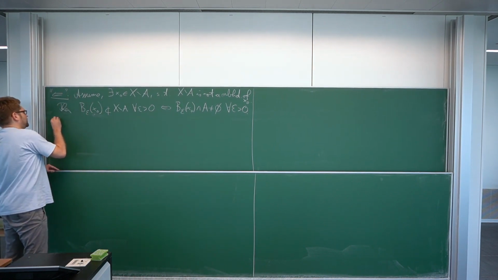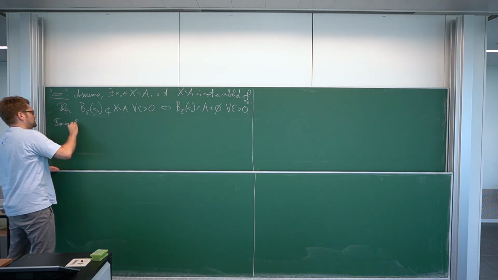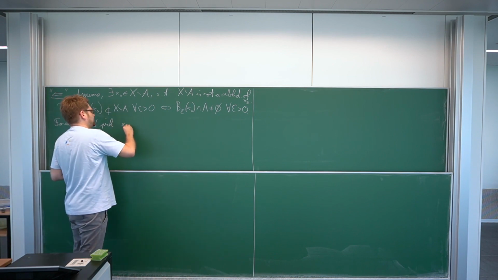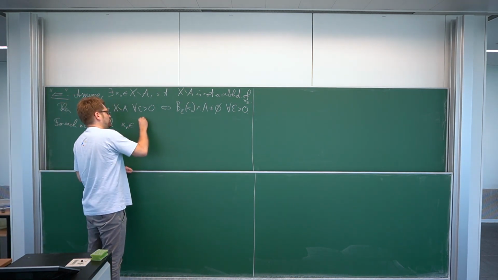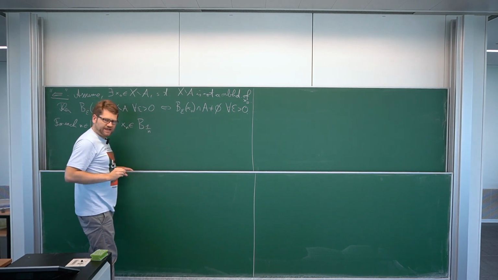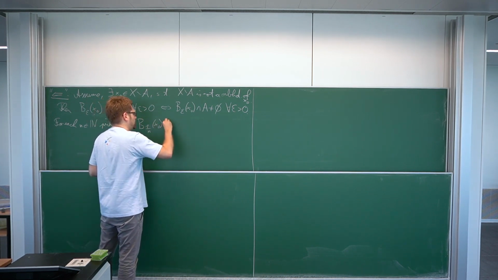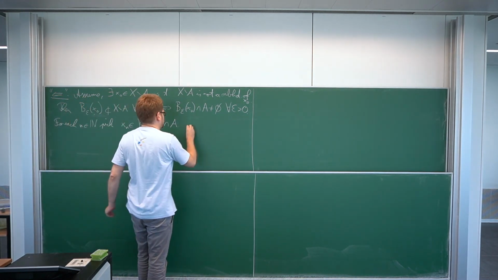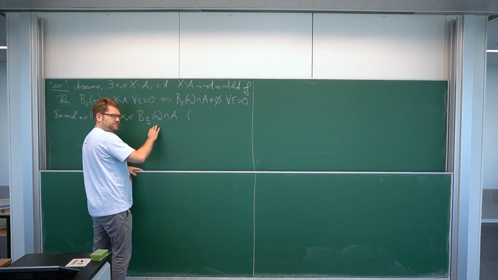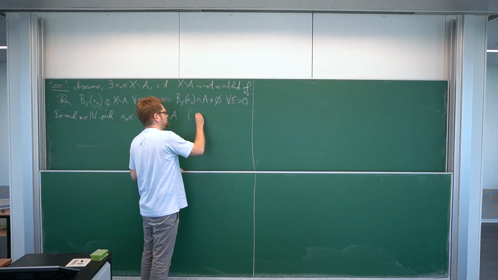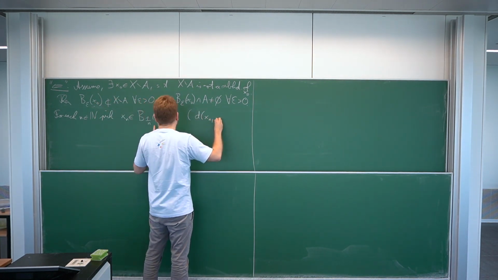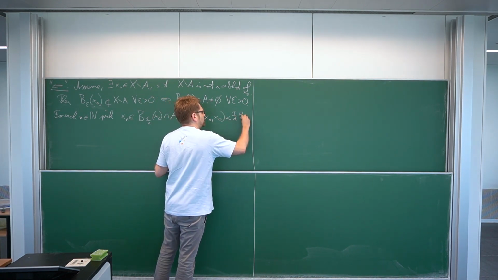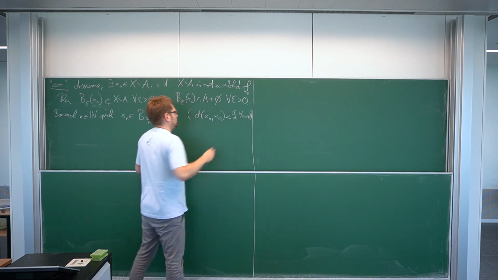Namely in the following way: for each n in N, we pick an element xn in the intersection of the ball of radius 1 over n around x0 intersected with A. Then this particularly means we have a sequence in A such that the distance from xn to x0 is smaller than 1 over n for all n in N. And now we see what happens.